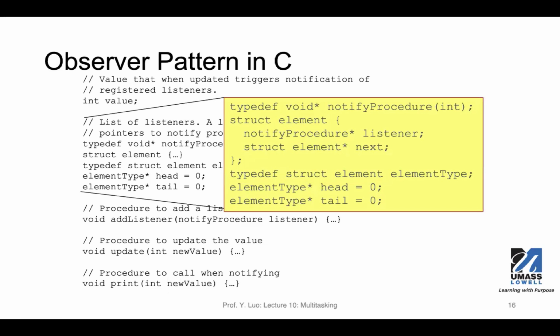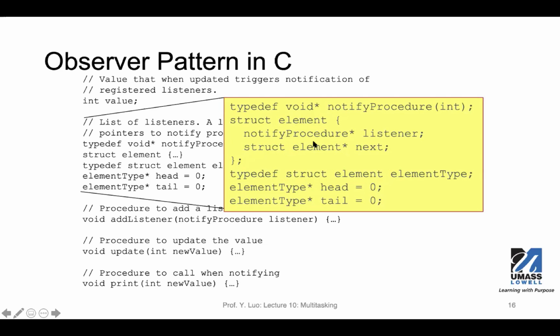But when we look into this further, what we show here is the element structure. The first is the notify procedure, this function pointer that we'll use to initialize the listeners. And this element structure is a node in the linked list.